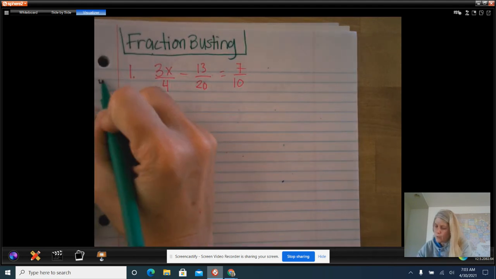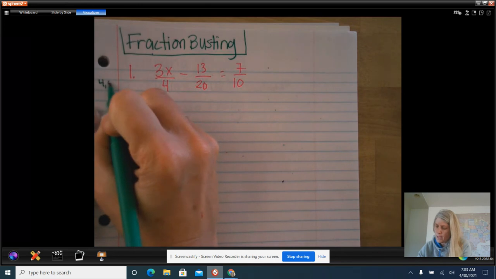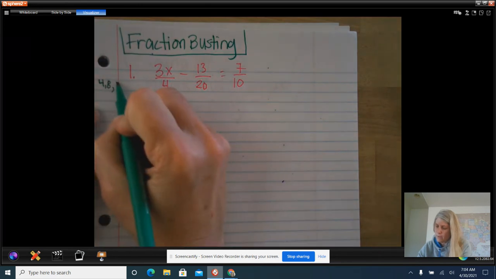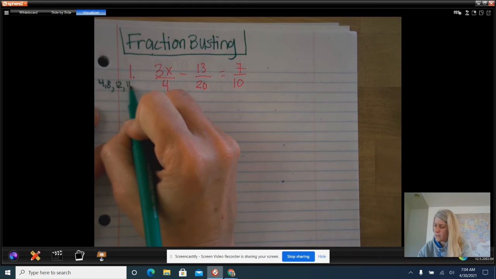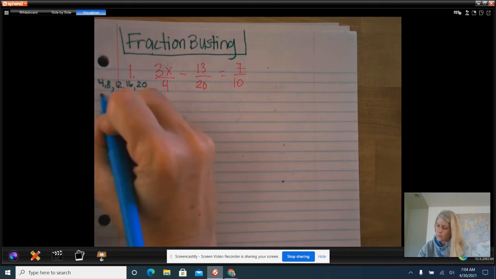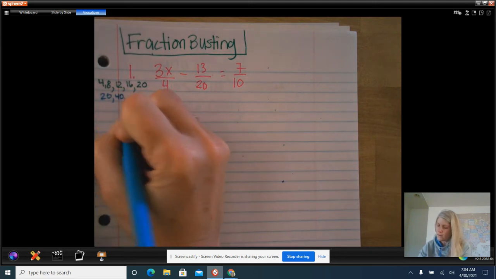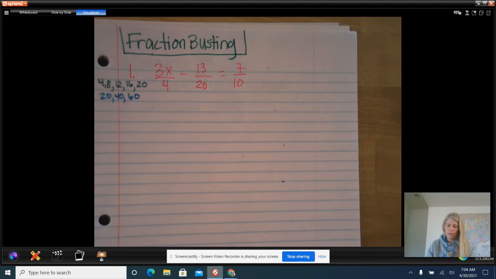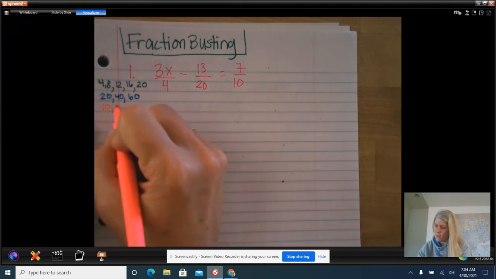The multiples of 4 are 4, 8, 12, 16, 20. Then 20: 20, 40, 60. And then the multiples of 10: 10, 20.